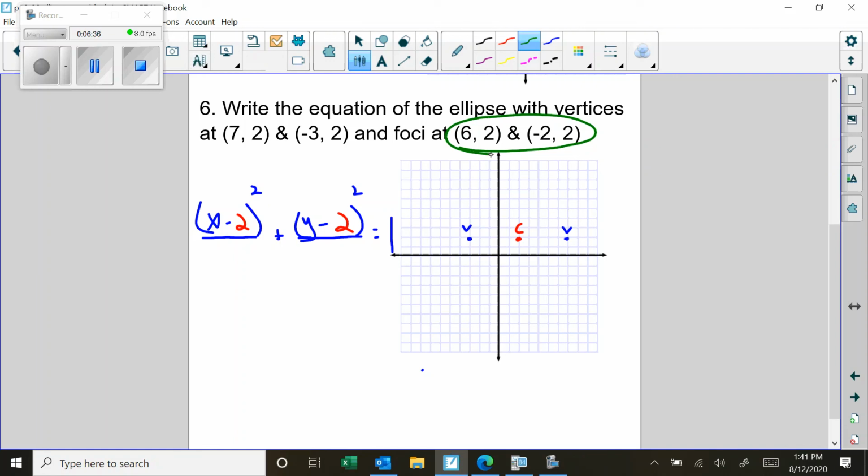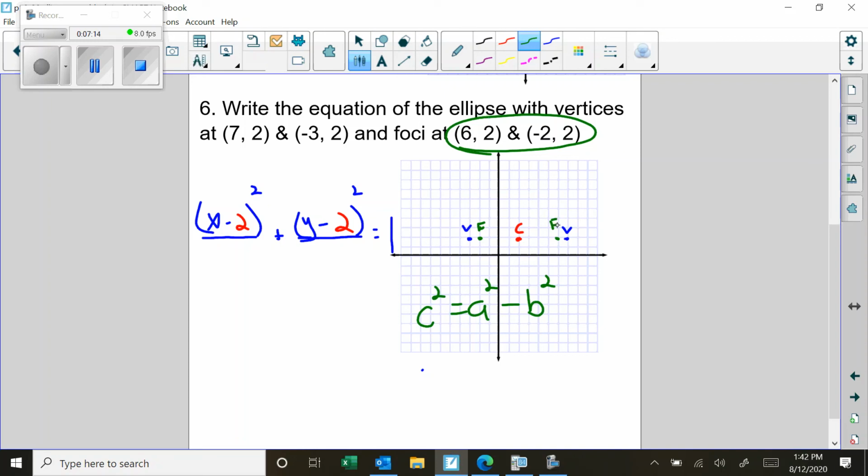The focal points are how we're going to figure out what the a squared and the b squared are that go underneath our fractions. Remember that focal points are created using the c squared equals a squared minus b squared equation. Let's plot these. 6, 2 is going to be here, and negative 2, 2 is going to be there. So these are our focal points.